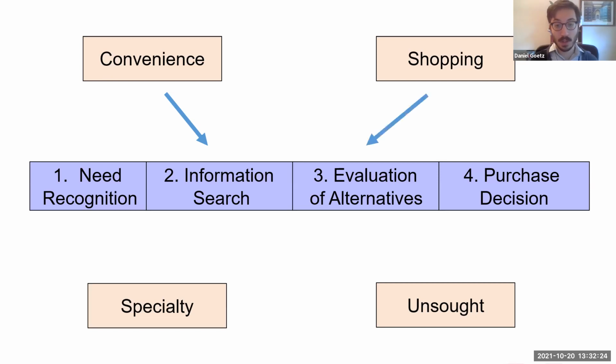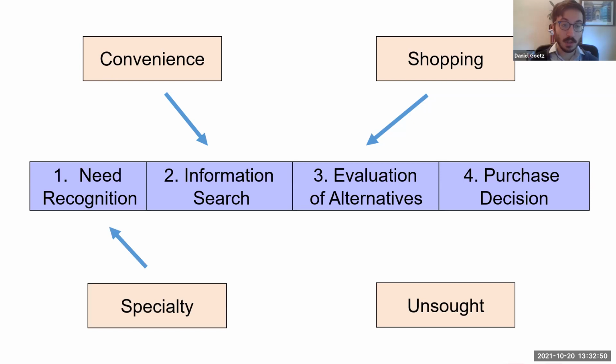For a shopping product, I think evaluation of alternatives is where you want to focus your efforts when promoting to people who are interested in your shopping product, because they're very motivated to search for information. They already know why they need it. But you really want to make sure that your product stands out amongst the other products, right?